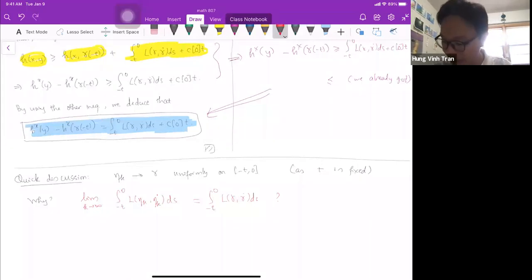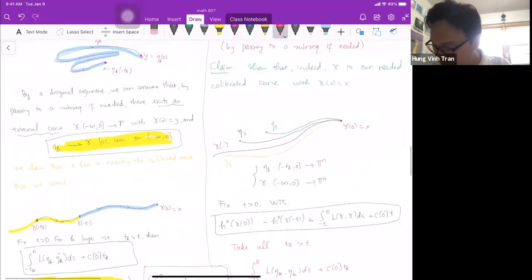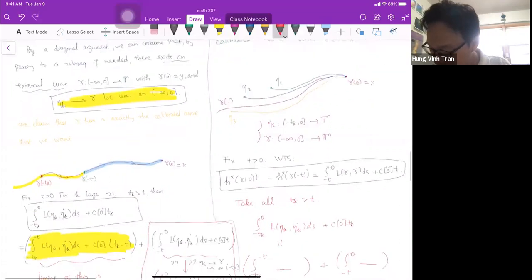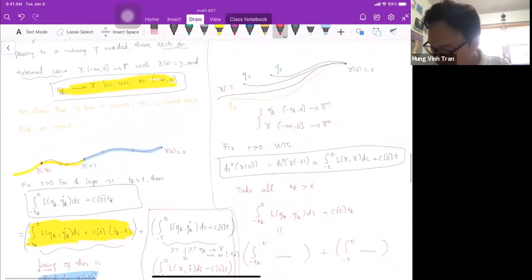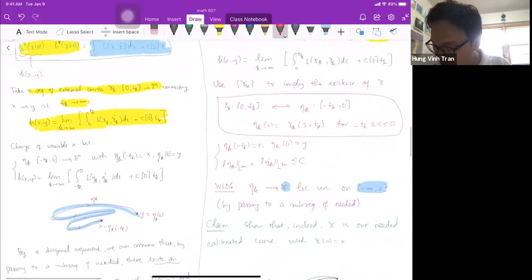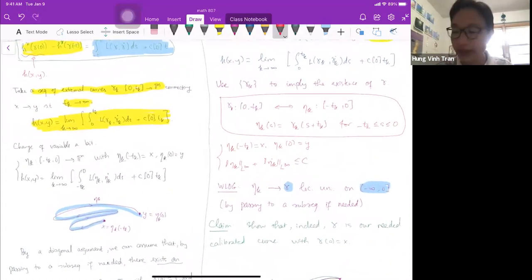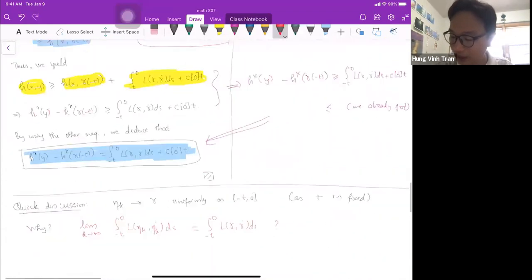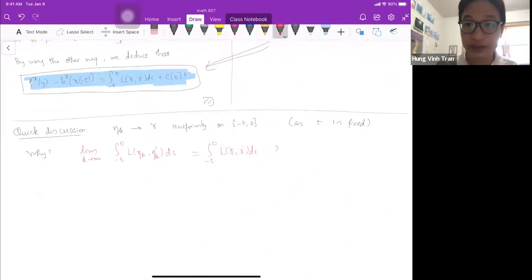Did I write it down? Let's see. Give me one second. Yeah, eta k was created by gamma k's, and those extremal curves are minimizers, right? So we had deeper information, and that's something that we should keep in our mind. And then I claim that this is actually true.